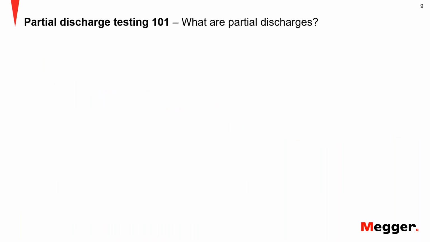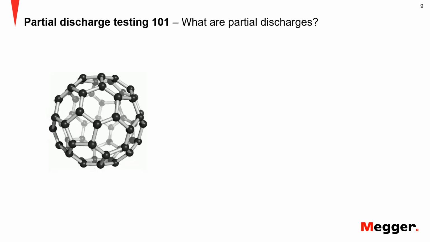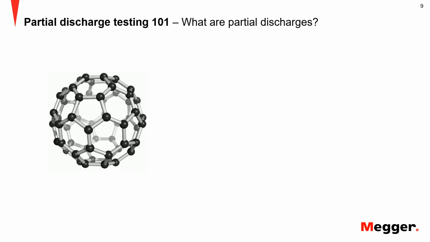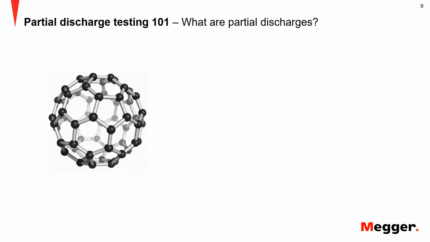Now, when we say partial discharge, what is this really? So I always steal the joke from one of my colleagues that tries to convey it this way. This is a very complicated chemical molecule. But you can make all kinds of scientific descriptions of what this molecule is.